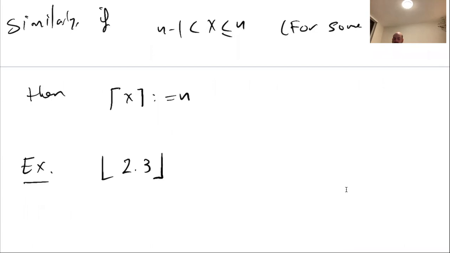What else? 1 is one of them. 0 is one of them. Minus 1 is one of them, and so on. But among these integers, minus 1, 0, 1, 2, which one is the largest? The largest such integer is 2. 2 is the largest integer less than or equal to 2.3.